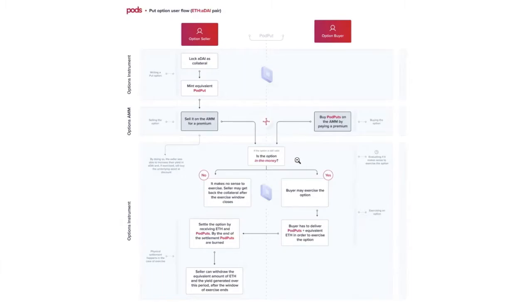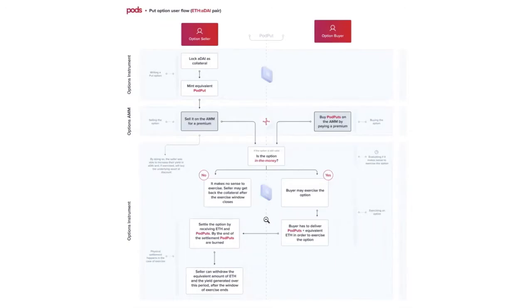Well, if the spot price at expiration tells the market that this option is in the money, then it's very likely that the buyer of the option you created is going to exercise the option. If that happens, there will be an exchange in the smart contracts.